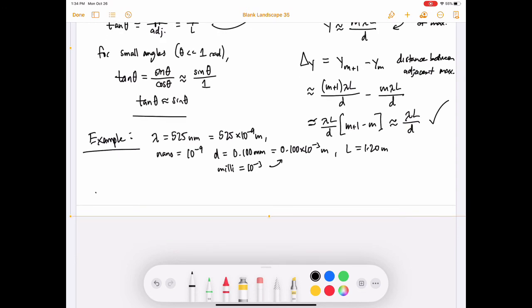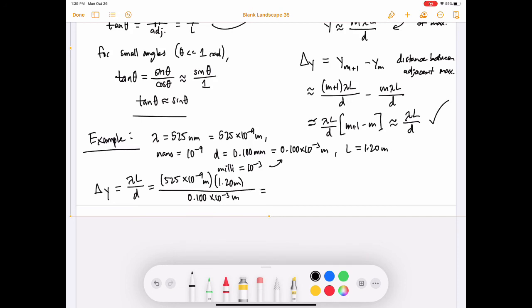So delta y, lambda L over d, is just equal to 525 times 10 to the minus 9 meters times L, 1.20 meters, divided by d, which is 0.100 times 10 to the minus 3 meters.